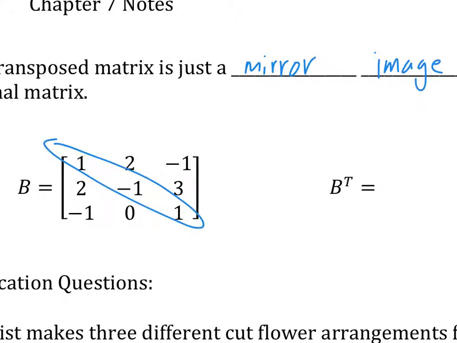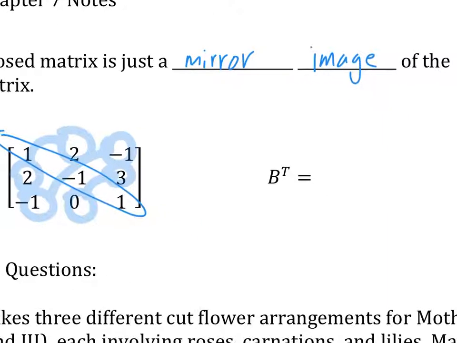Down in the middle, that diagonal is the mirror. What you're going to do is flip all the elements across from each other across the mirror. Does that make sense? Down the diagonal, that is the mirror, and the mirror doesn't change. So the mirror is 1, -1, 1.